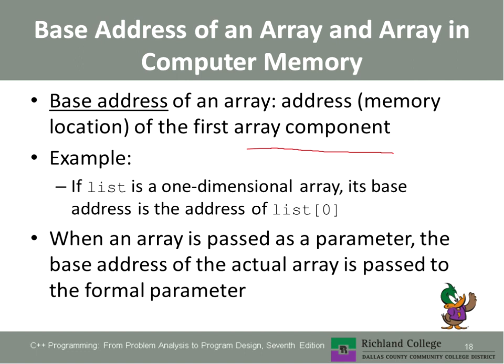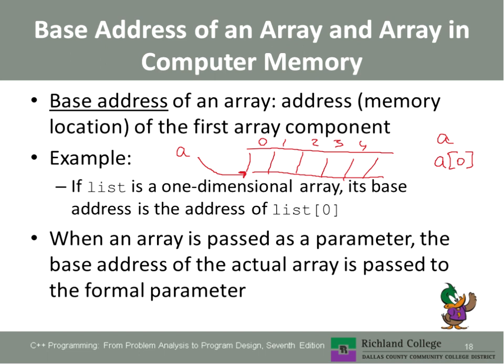So if we have an array, and the array has a few elements, index value 0, 1, 2, 3, 4, and we call this A, the array name is A. The array name is pointing to the beginning of the first element, which can be referred to as A or A subscript 0. It's all the same thing.